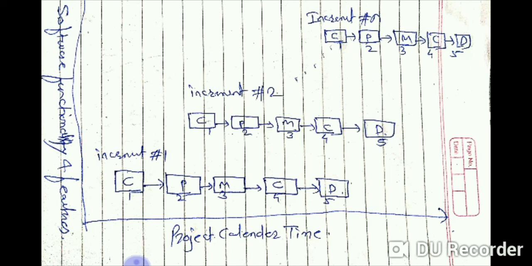So, as we continue with the incremental model, the first step is C for communication. Communication helps us to understand the objectives. Whatever the objectives of any project, they need to be understood clearly in communication.